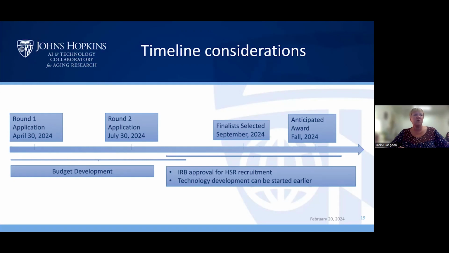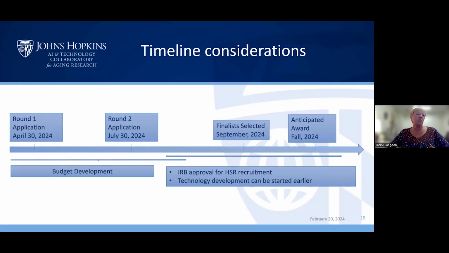Here we've created a schematic just to try to explain that, a way to think about this. On the top, you have the dates that we talked about in the previous slide, with the idea also that finalists between round 2 and before the awards happen are about in September of 24.